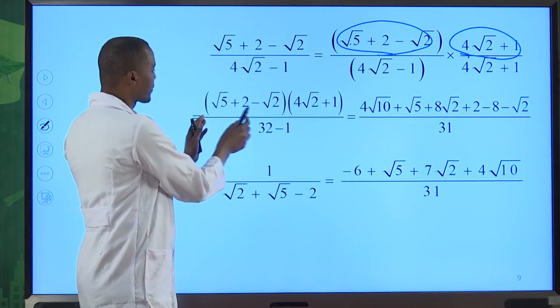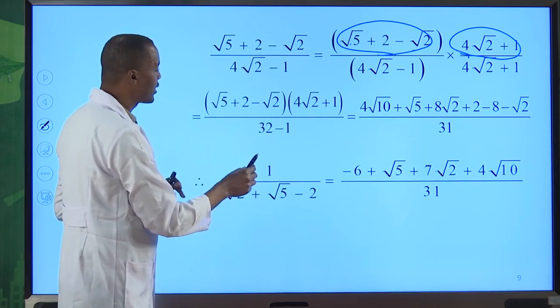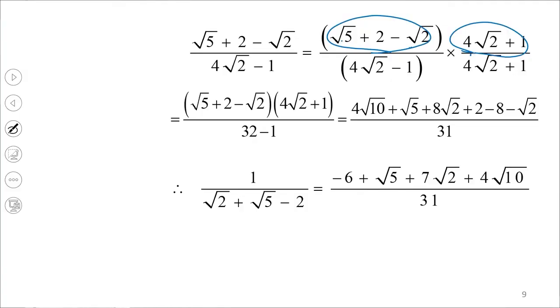And then root 5 times 4 root 2 will be 4 root 10. Look, the way you multiply this kind of expression is that, for example, if I have root 5 multiplied by 4 root 2, I have 4, which is the coefficient, times the square root of 5 times 2, which is 10, which is 4 root 10. And we multiply everything in this way.